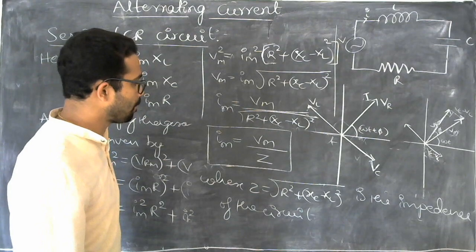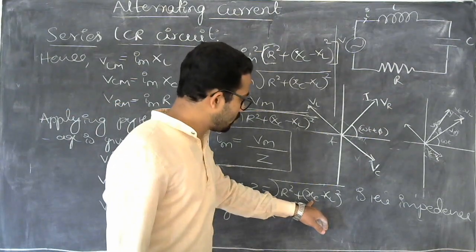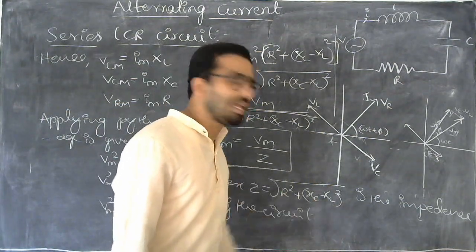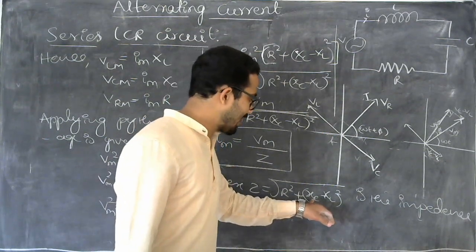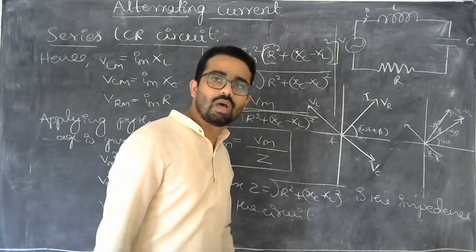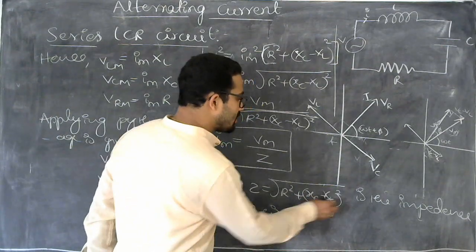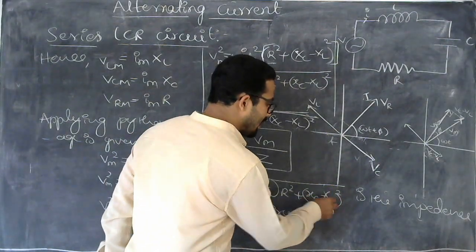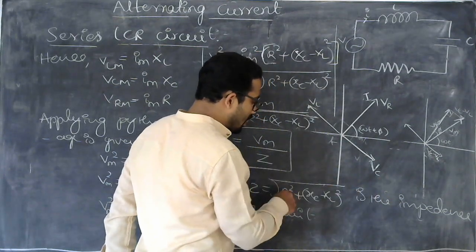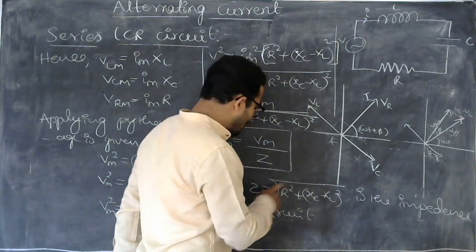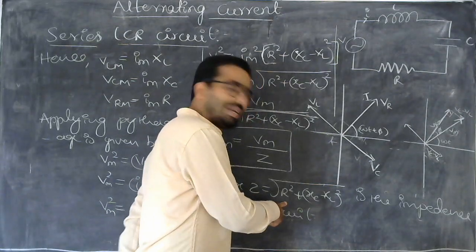Now see, imagine that Xc and XL are equal. Then what will happen? Xc is equal to XL, so they cancel. We are left with the root of R square, so the square and root cancel. Z is equal to R itself.